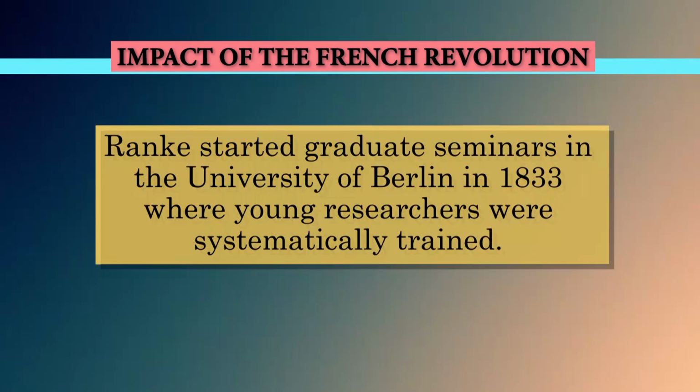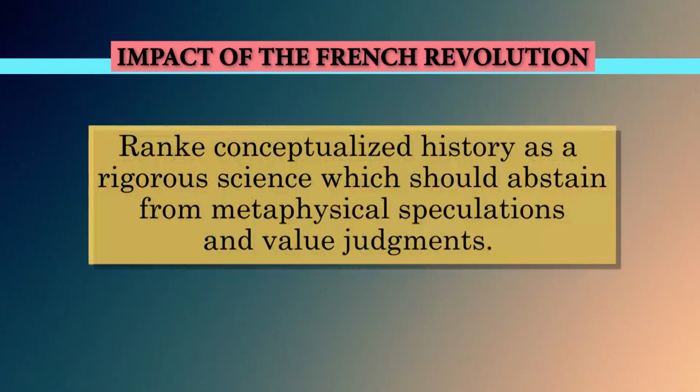Ranke started graduate seminars in the University of Berlin in 1833, where young researchers were trained in historical research. Ranke conceptualized history as a rigorous science which should abstain from metaphysical speculations and value judgment.